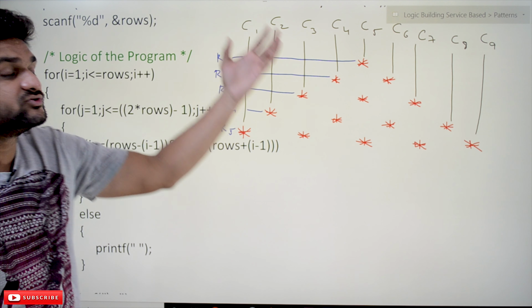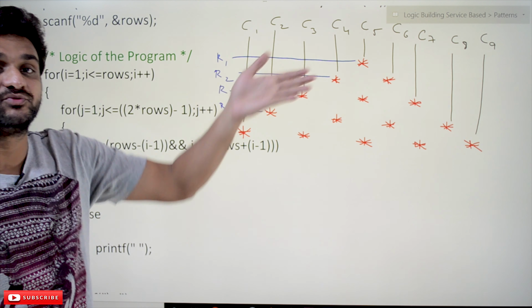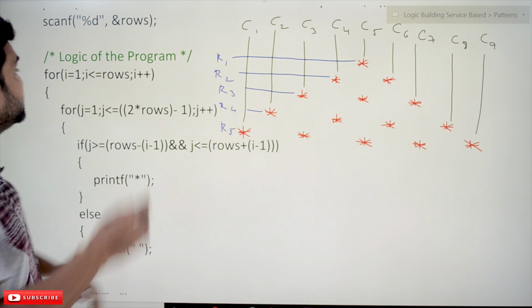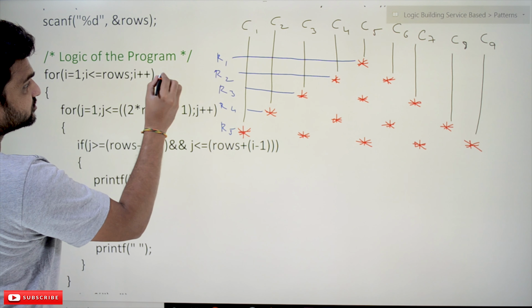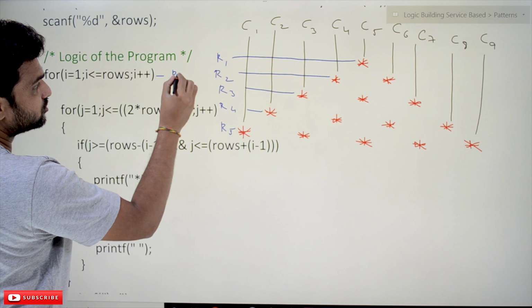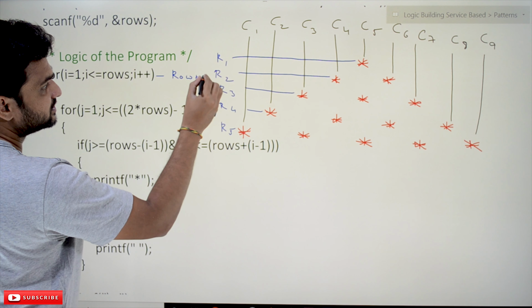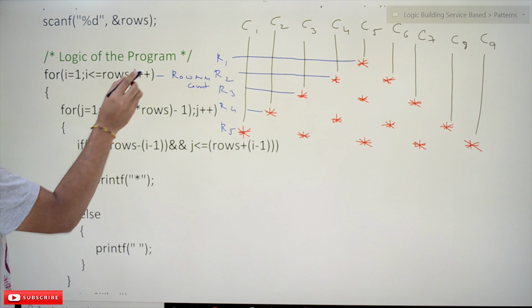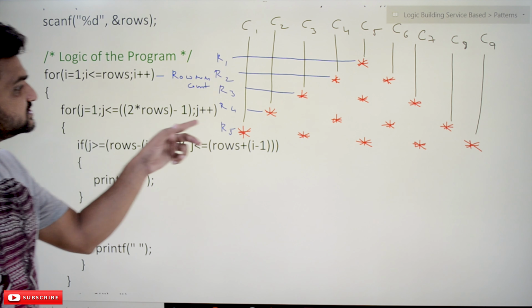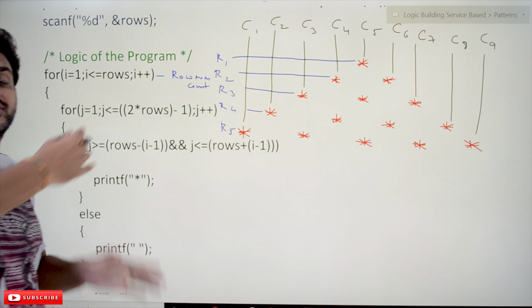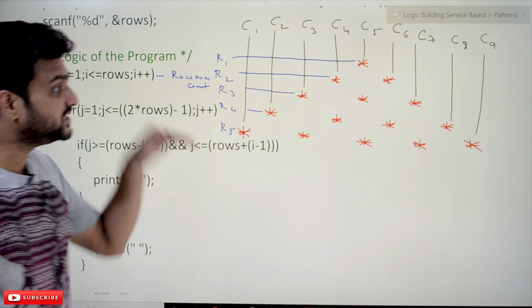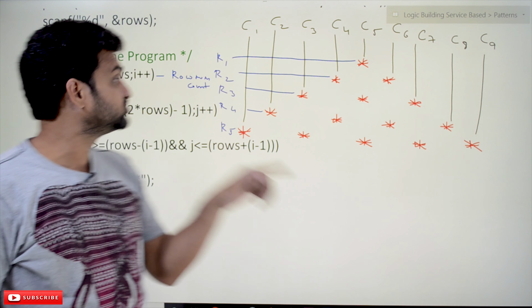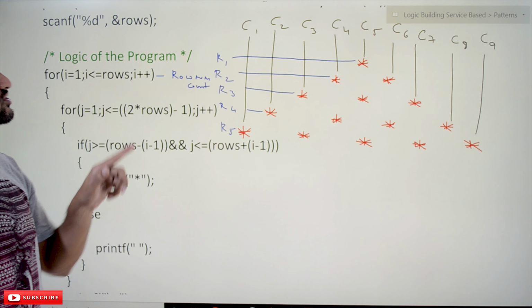As the end user has given the height of the pyramid to be 5, there will be 5 rows. Every time, this outer for loop gets the row number. The row number count is done by the outer for loop. What is the use of the inner for loop? It is going to count the column numbers in each and every row.